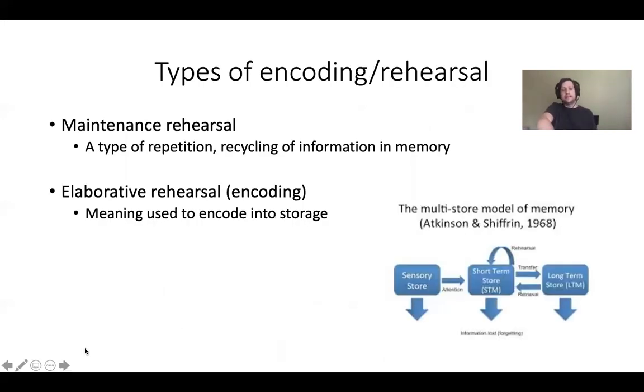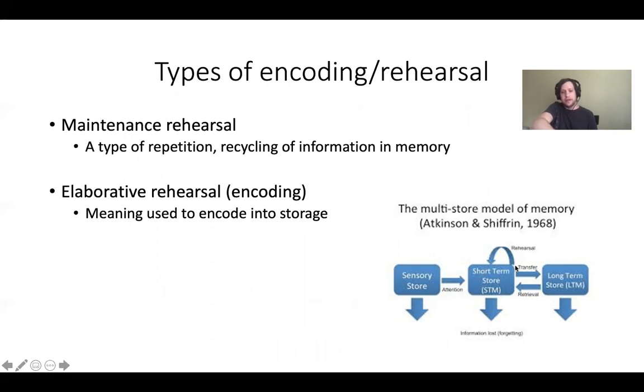So related to that study are these two terms right here, maintenance rehearsal versus elaborative rehearsal. I believe we did go over these last time. Maintenance rehearsal is a process which appears to rely primarily on short-term memory. Here's a schematic diagram of these different memory stores.